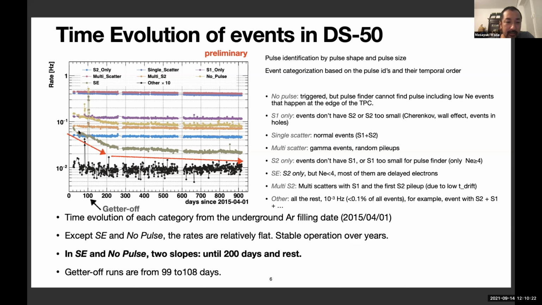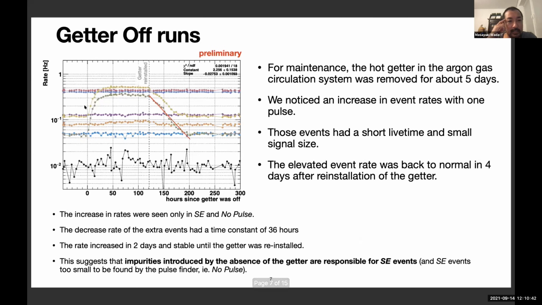Okay, and then I want to mention these two categories, which are decaying. In the first 200 days, they decay quickly, and then there's another slope in the rest of the data. And then there are some peaks, which I will talk about. This is the magnification of that range, and this is the getter-off runs.